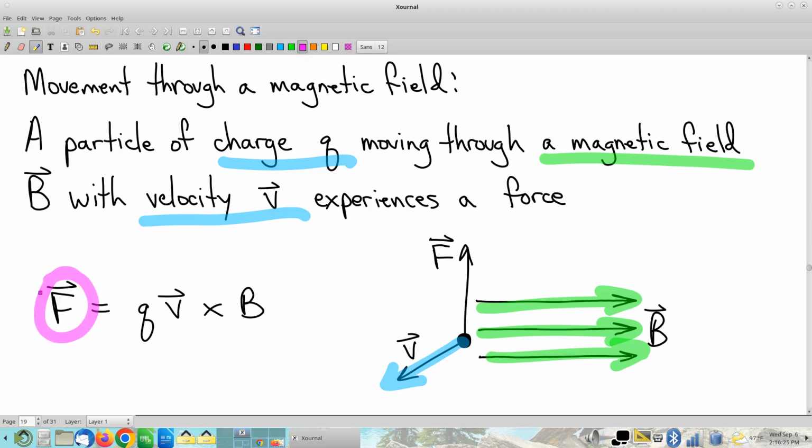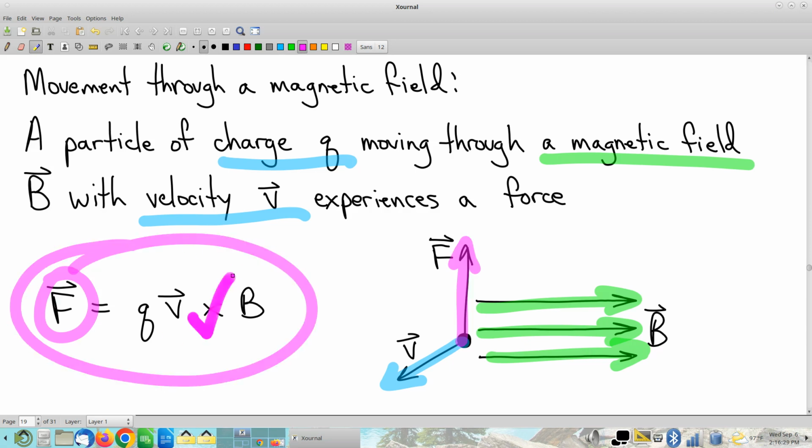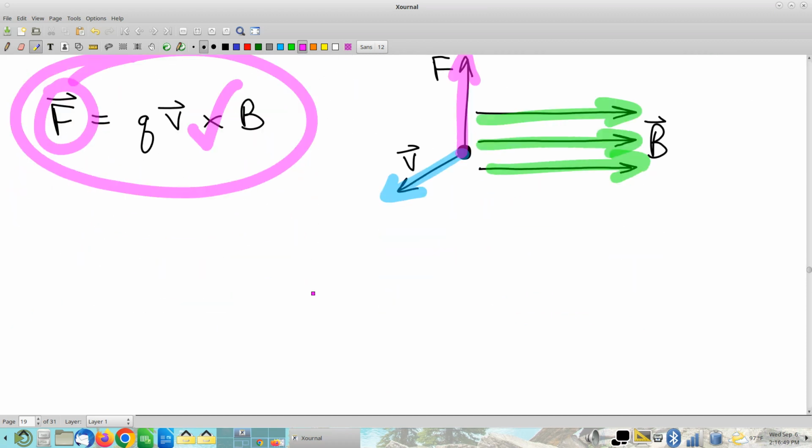And the formula for the force involves a cross product. Again, totally empirical. We just notice that this is how it works. So again, this is a natural construction. It's not a made-up, mathematicians-having-fun construction. Okay. All right. So moving along.